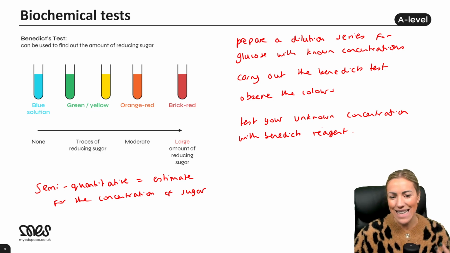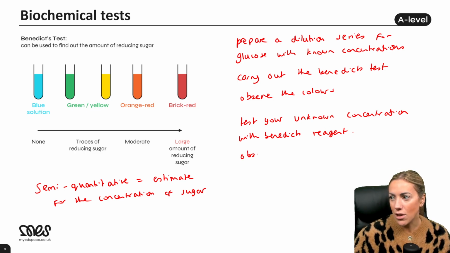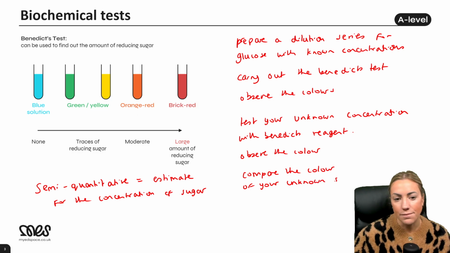So test it in the exact same way. Then you can observe the colour that your unknown solution has gone following the Benedict's test, and then compare the colour of your unknown solution to the colours of your known concentrations.